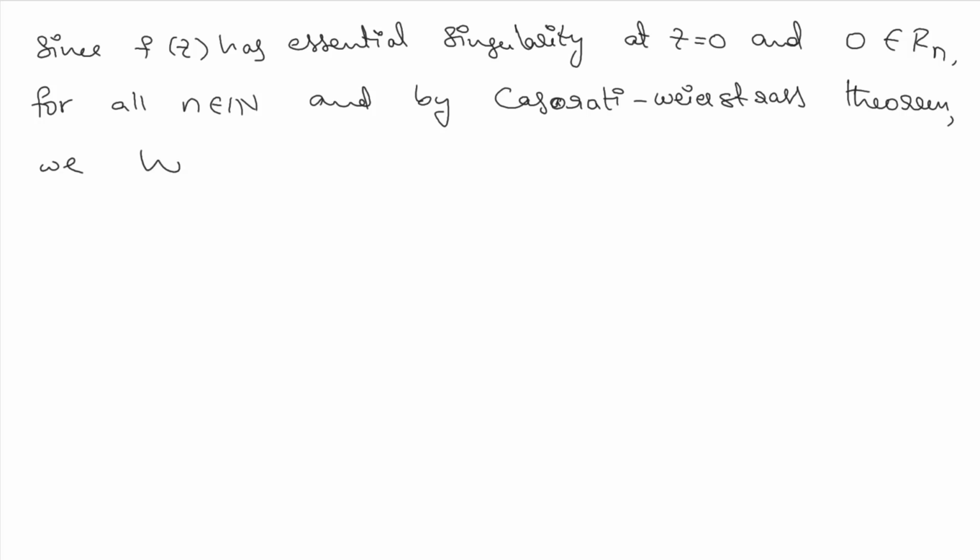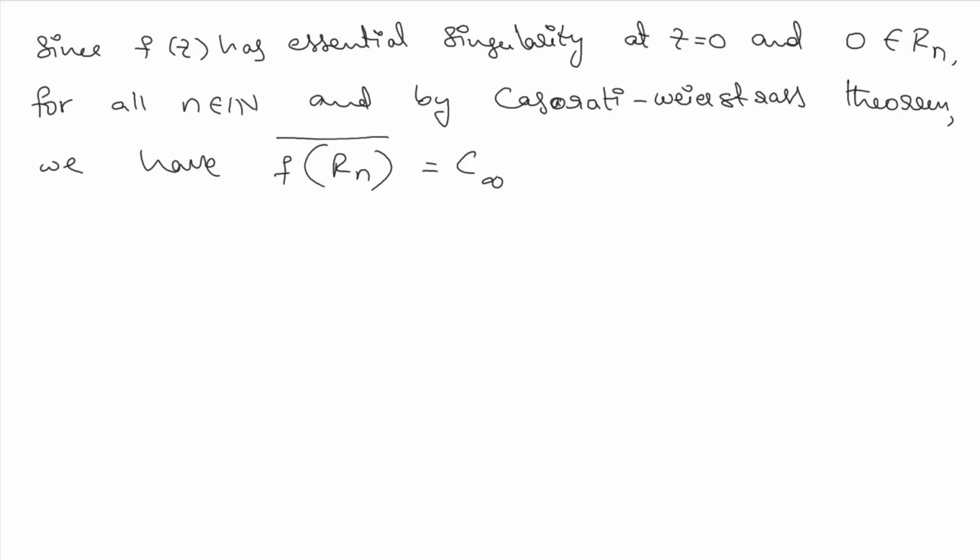we have the image of the set Rn under the function f is dense in C. That is, the closure of the set f of Rn is dense, its closure is nothing but the whole extended complex plane, C infinity.